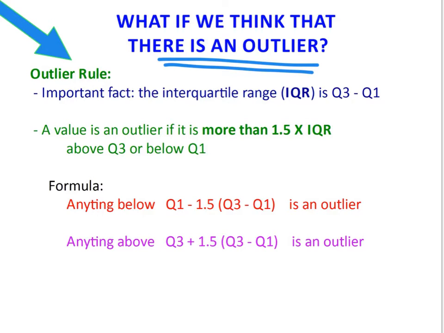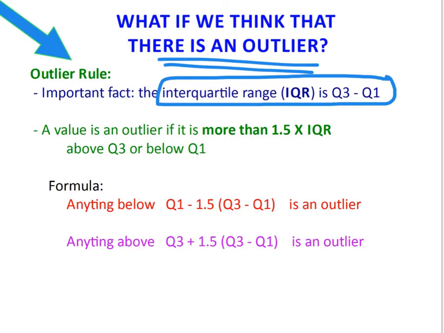The interquartile range, or what we call the IQR, is Q3 minus Q1. This is the middle 50%. And it's the box. The IQR is just the box in my box plot.